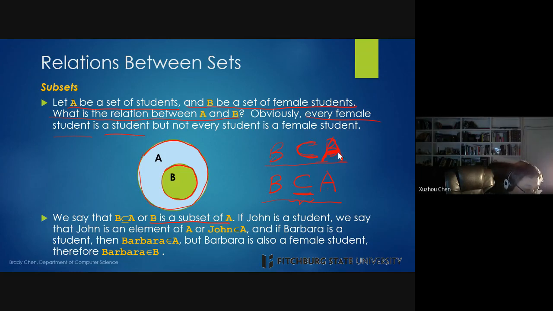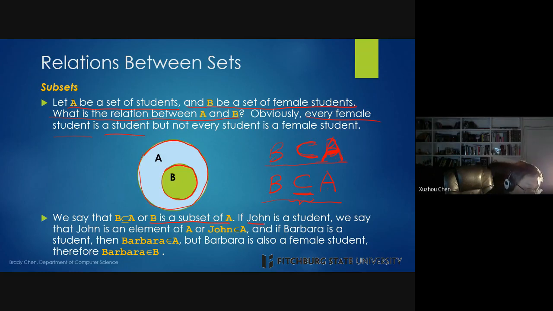So also, we're going to use another notation to define the relationship between the set and the element of a set. Okay.